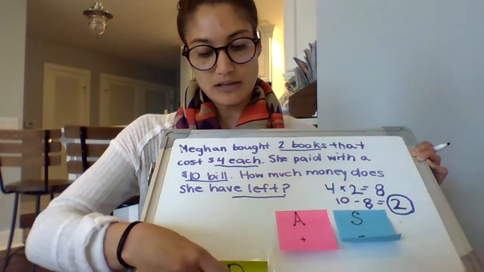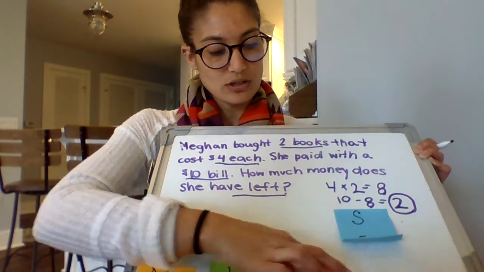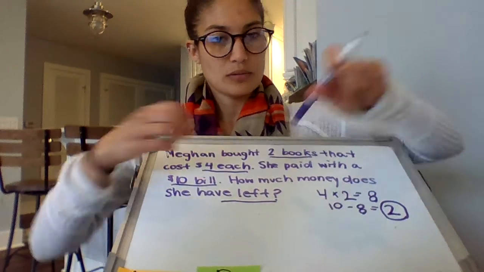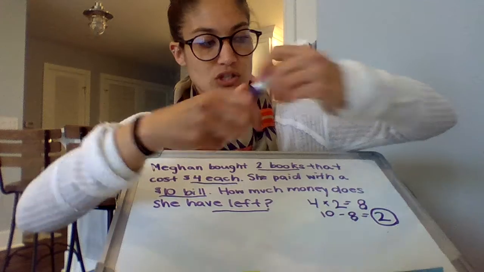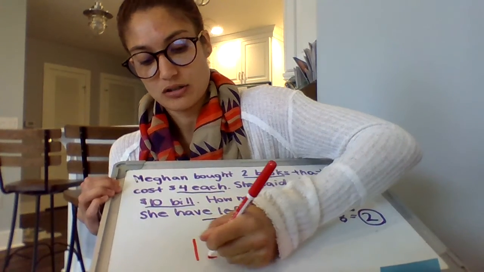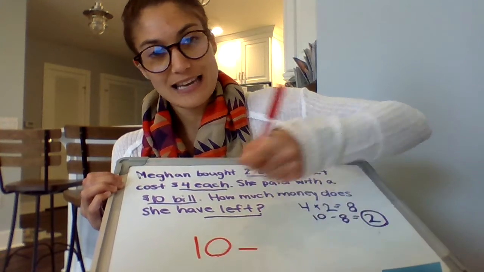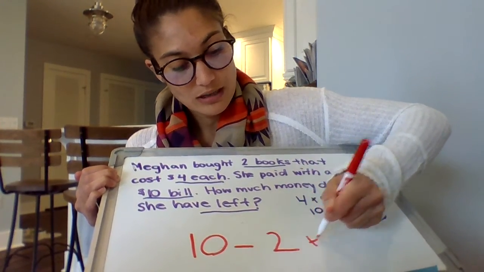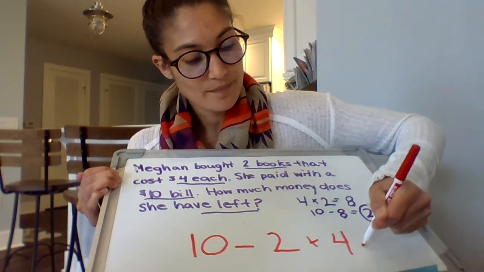I'm just going to move these down for a second to show you what my number sentence would look like. So I'm going to do it in a different color. She started with $10. So that's like the big amount that she starts with. And I need to take away how much the books cost, which we did 2 times 4 to get that.